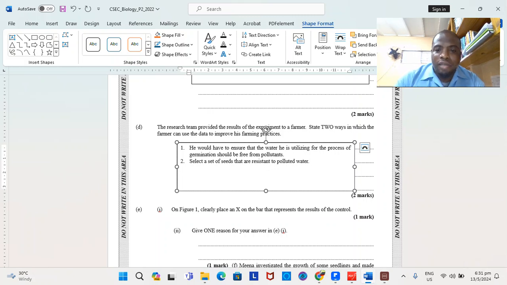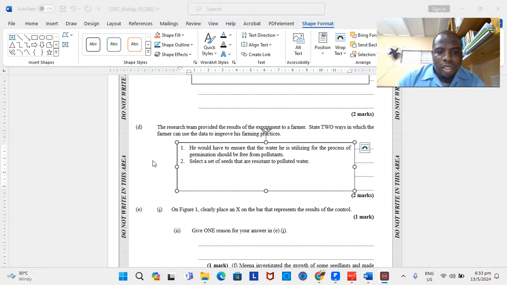And that in itself will take into consideration not all of them will germinate. So that's another approach he might take, but that would be more expensive. It's like you're wasting your seed. So he can take these two approaches to improve what is happening with his crops or the germination of his seeds.